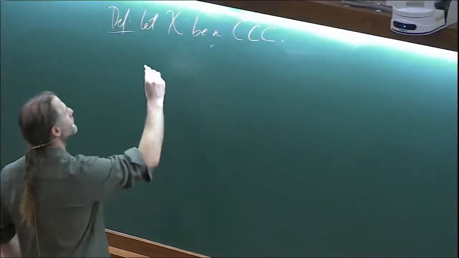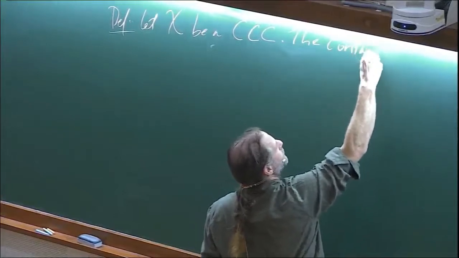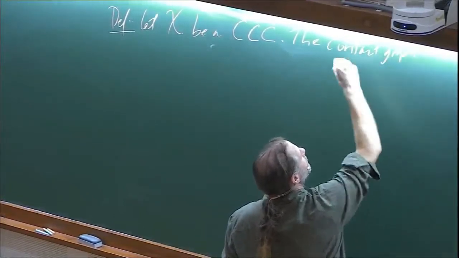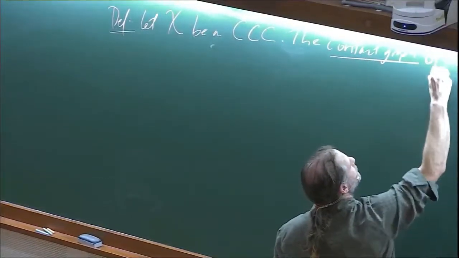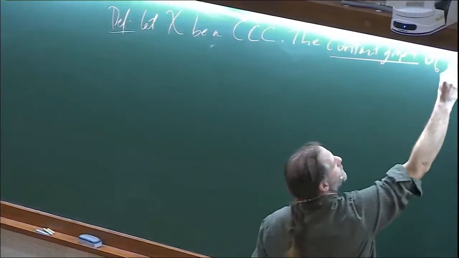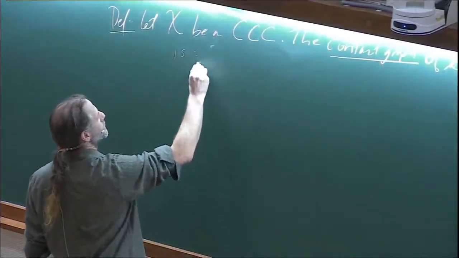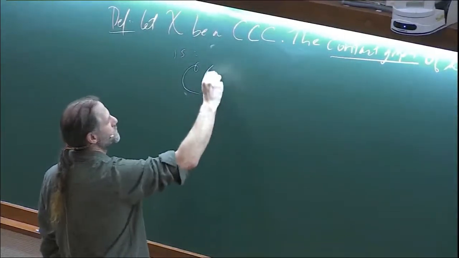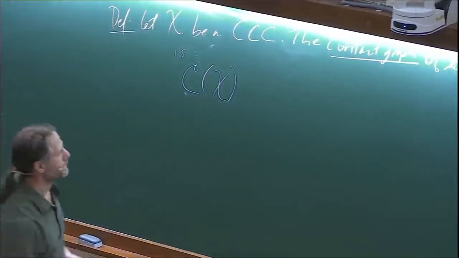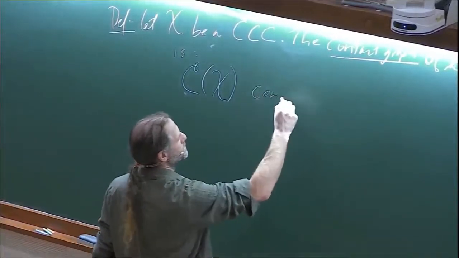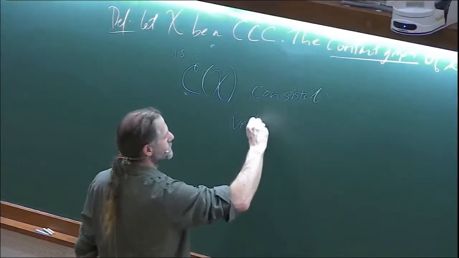We define the contact graph associated to X, in this suggestive way I'm going to call it C of X, and I'm going to tell you exactly what it consists of.